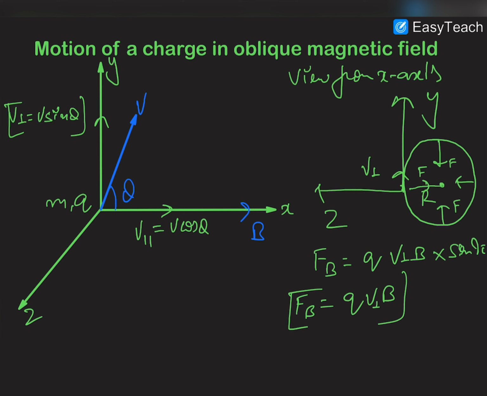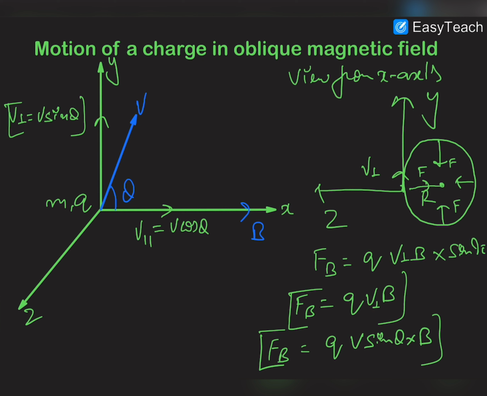And if we substitute the value of V perpendicular as V sin theta, then we can say that the magnetic force will be Q V sin theta into B. Now you should also note that this theta is the angle at which the charge was projected with the magnetic field.